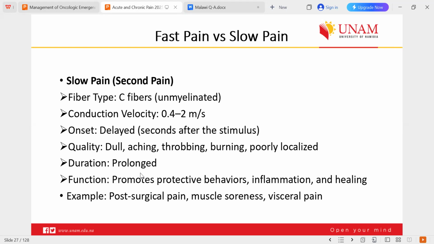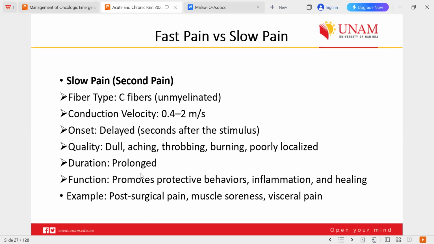So what second pain does is that it promotes protective behaviors. So next time you come across that noxious stimulus, you remember the pain. The first or fast pain elicits protective reflexes. This one gives you protective behaviors. You don't want to come across or do the same thing.